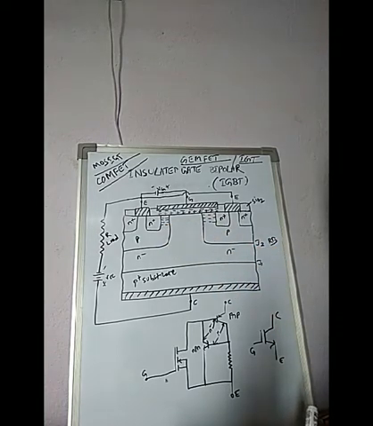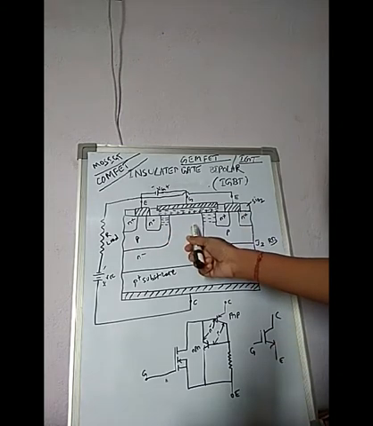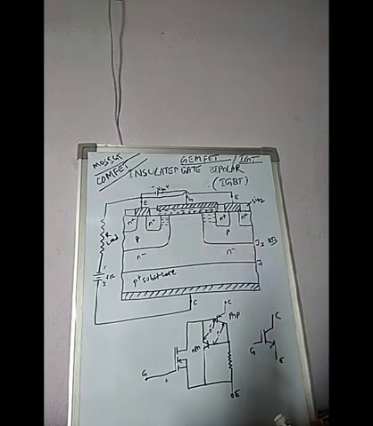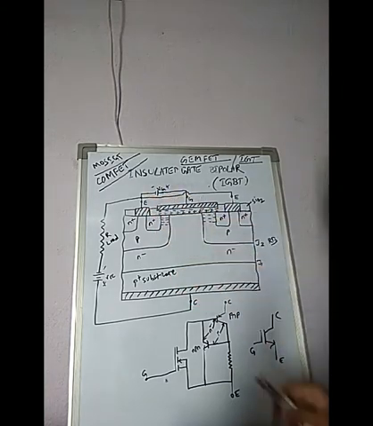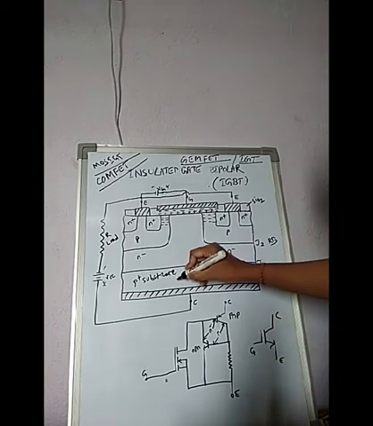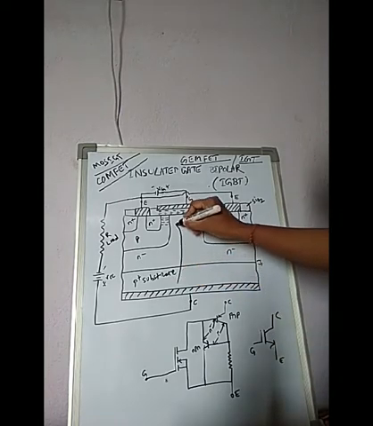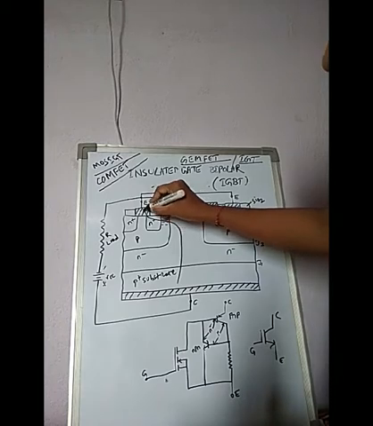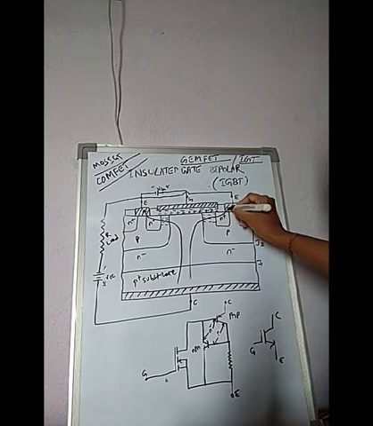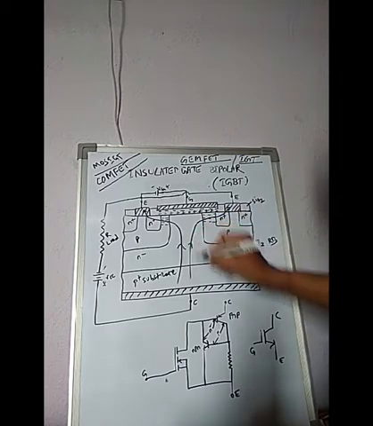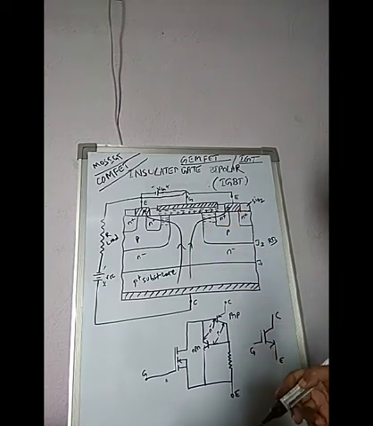This N channel short circuits the N minus region and the N plus emitter region. Then current can flow through this path to the emitter. This is the current.